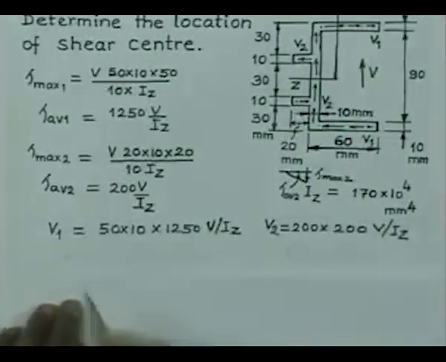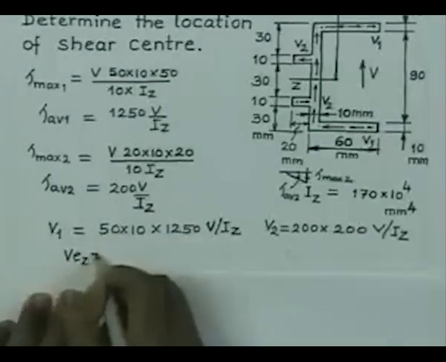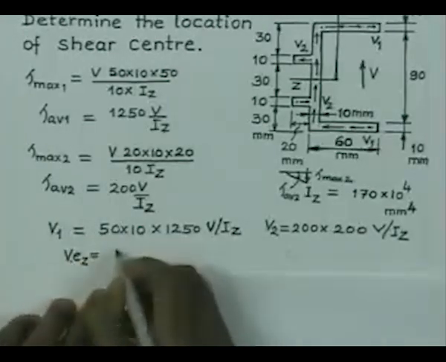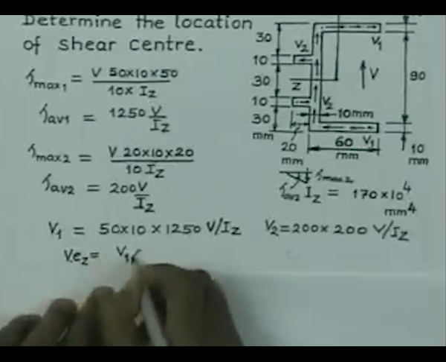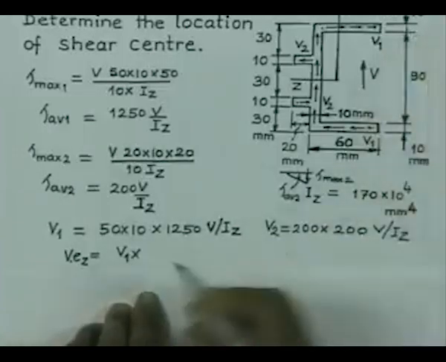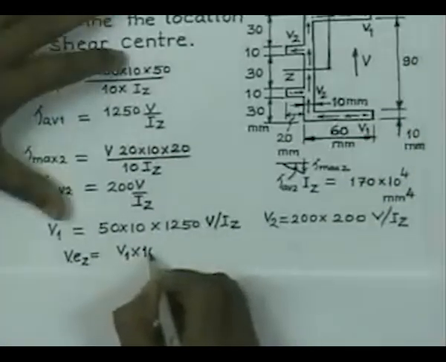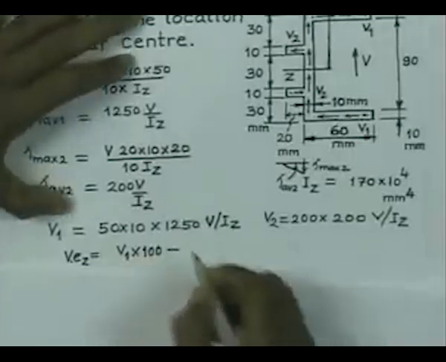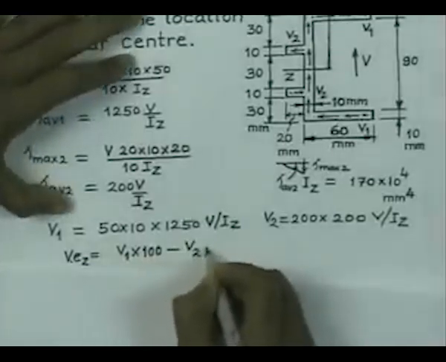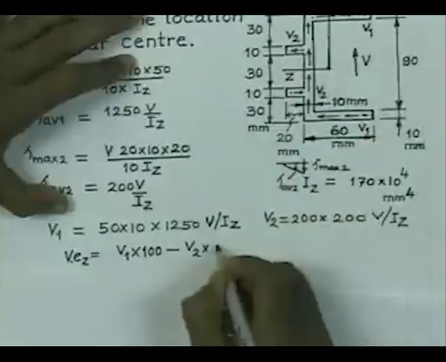So, now I can write the balance equation: V, total shear force, multiplied by Ez is equal to V1, and this distance from this to this middle is nothing but 100. So, that is the moment, and V2 is the other force, and here the distance is, again from here to here, 40.